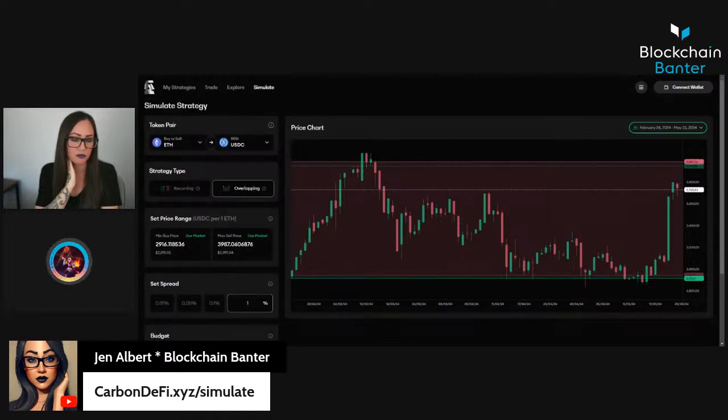So yeah, this covers essentially the simulator. Right now, the simulator is live on the Ethereum deployment of Carbon, but we also plan eventually on getting this live on the Sei deployment of Carbon as well, right? I was just going to say, because the simulator uses real historic data, until there is enough of this data to power the simulator, it's not going to be available right away on the Sei V2 deployment, right?